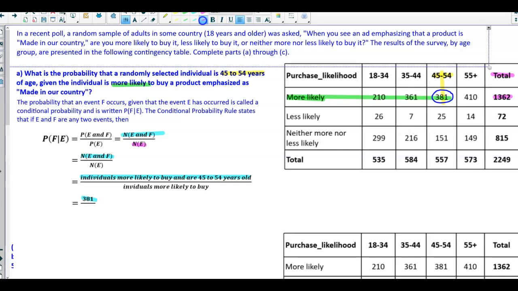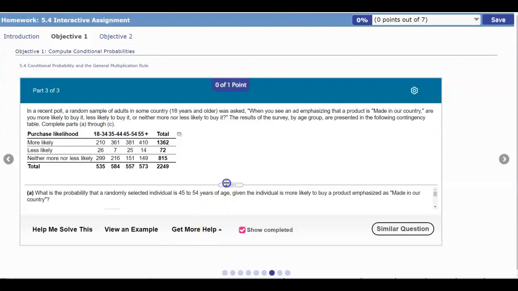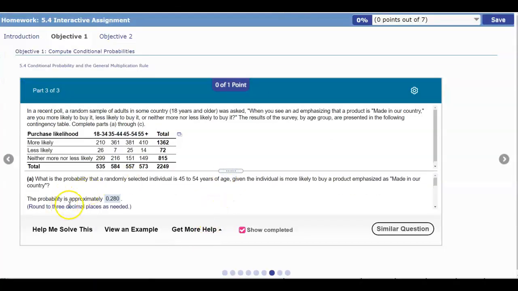Well, we know that's 1362. So 381 divided by 1362 gives us a probability of 0.280. So the approximate probability is 0.280, rounding to 3 decimal places.